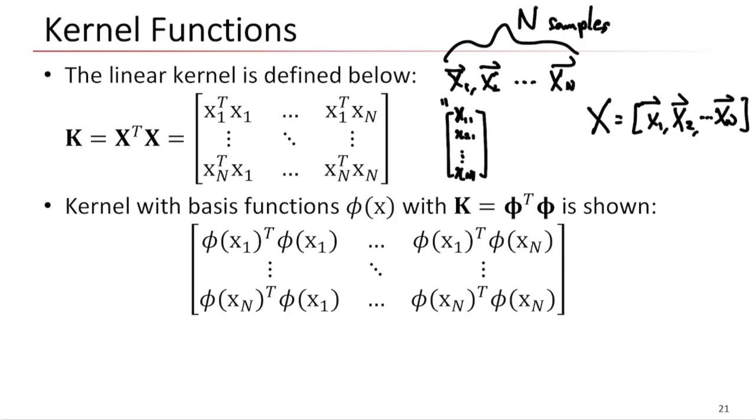So what is the size of this matrix X? It is m by n, right? Because the length of one feature vector is m.